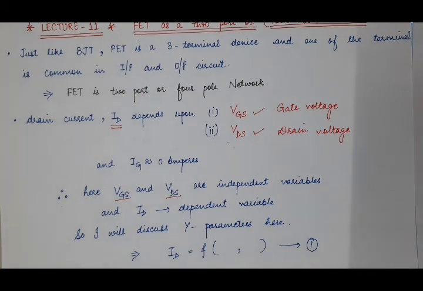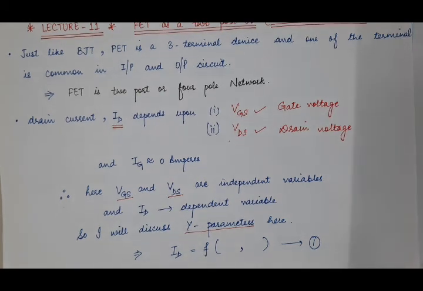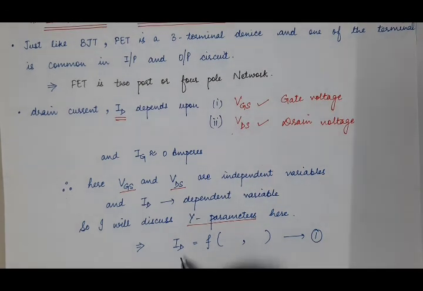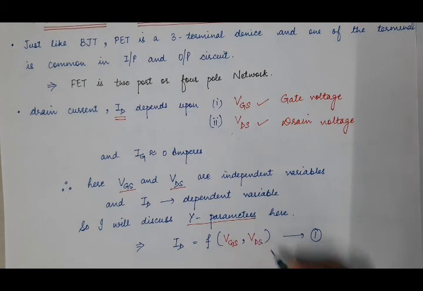The parameters in which current is the dependent variable and voltage is the independent variable are known as Y parameters. So we will discuss Y parameters of FET here. Mathematically, this drain current ID is a function of VGS and VDS.